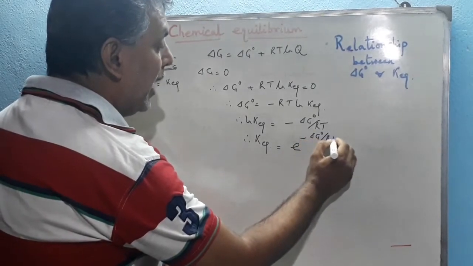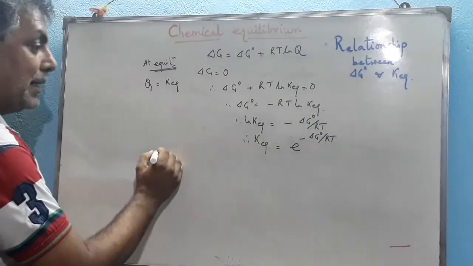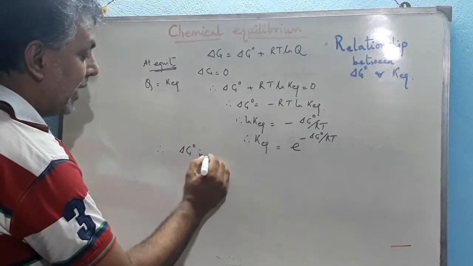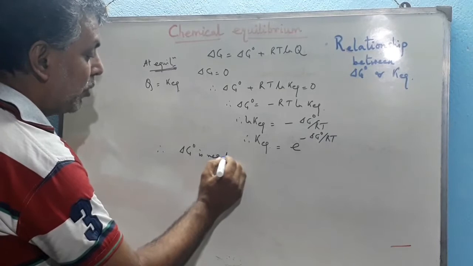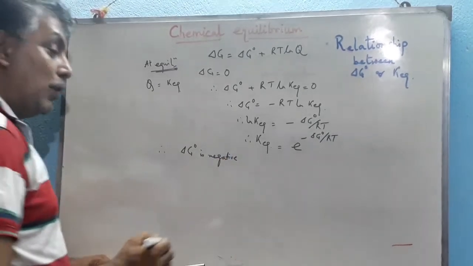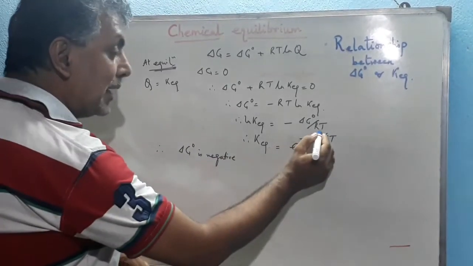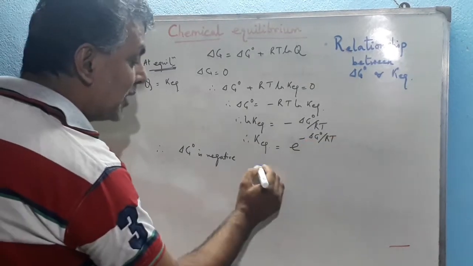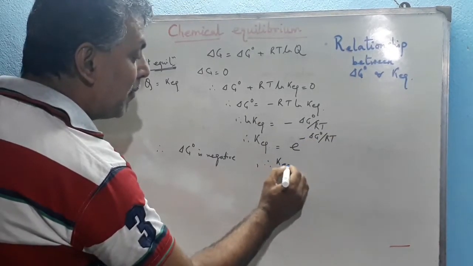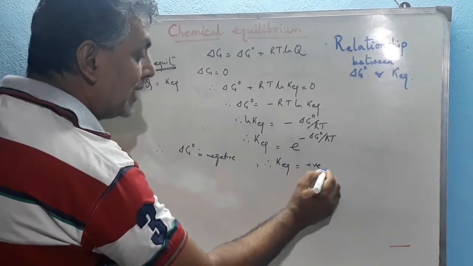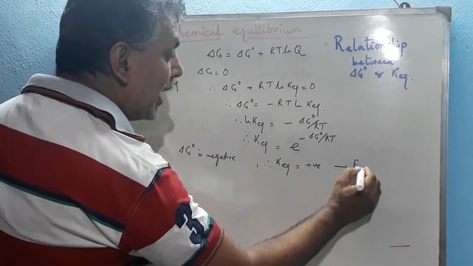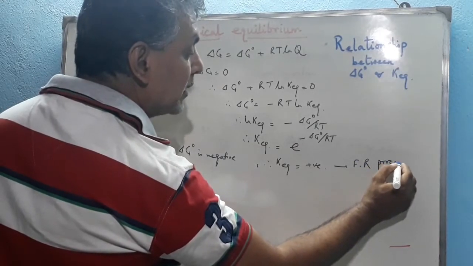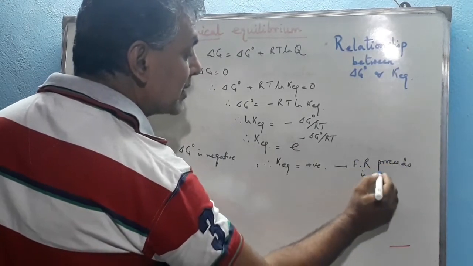Now if del G0 is negative, that means del G0 is less than 0, then minus del G0 by RT becomes positive, e to the power positive is positive, and K equilibrium becomes positive. Hence the forward reaction proceeds at a faster rate.